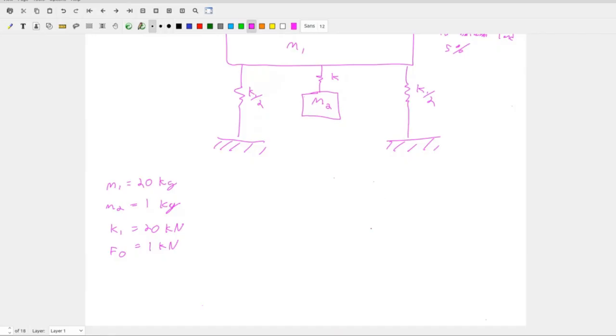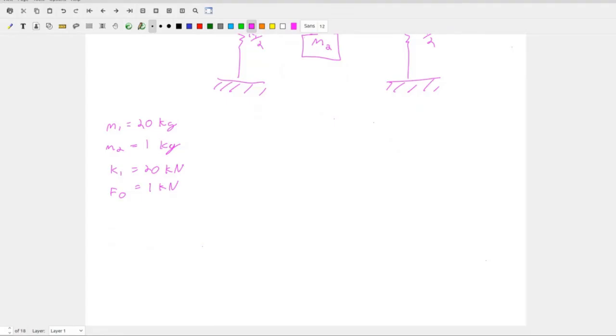And you could do it the other way, right? You could set K2 and then design for your mass, but this is a slightly more direct approach. So equations of motion, right? We have two equations of motion. Let's go m1 x double dot of 1 plus k1 x1 plus k2 (x1 minus x2) is equal to F naught sine of omega t.